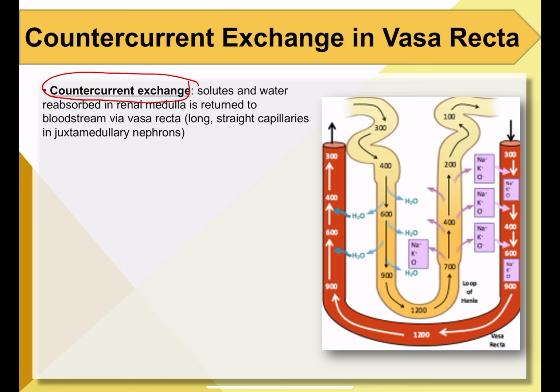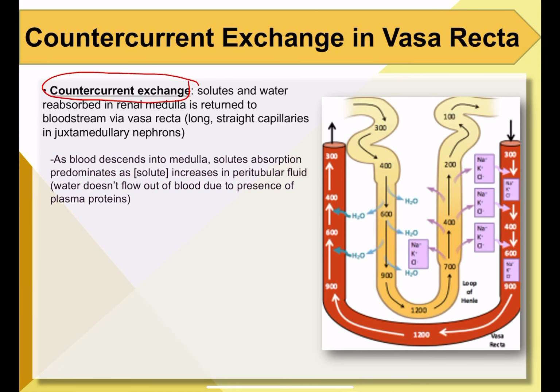So what happens during countercurrent exchange is that as blood descends into the renal medulla region through the vasa recta, solute absorption predominates. So all those sodium, potassium, and chloride ions are going to go into your capillary, because a lot of these ions are coming out of the other side of your loop of Henle.